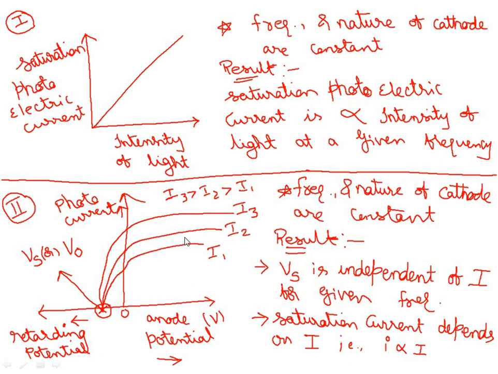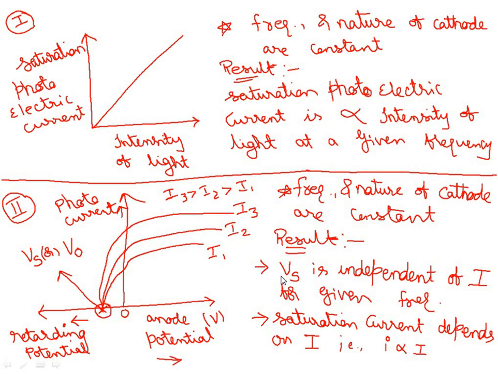Now for a different intensity, from a maximum saturation current of some other value, again it is reduced to zero. For the third, from the maximum current, again it falls and reaches the same value. So what we can infer is that when frequency and nature of cathode are kept constant, for different intensities the stopping potential value is the same.